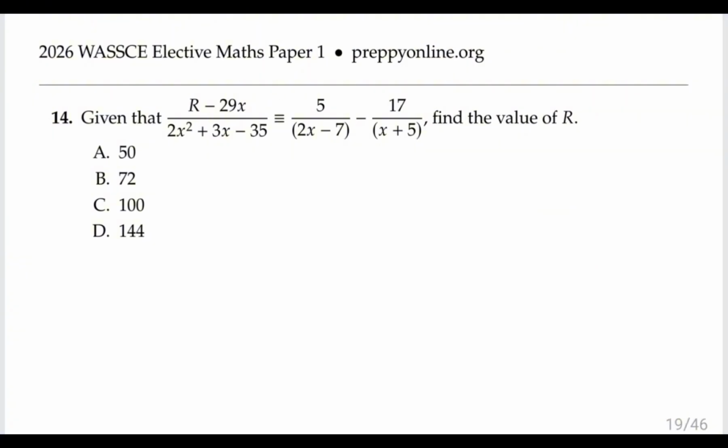What that means is that whatever you have on the left-hand side is always equal to whatever you have on the right-hand side, regardless of the number that you put in. So whatever value you choose for x, if you plug it into the left-hand side and into the right-hand side, the values you get on both sides of the equation are the same.